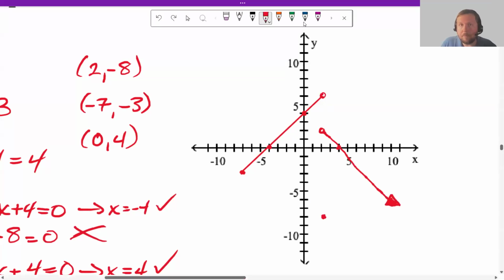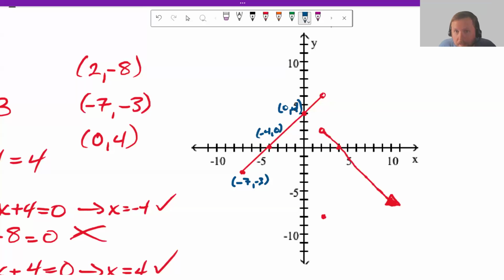And it might be in your best interest to go ahead and label those important points that you worked so hard to figure out. I totally just wrote on top of that 5. Oh well.